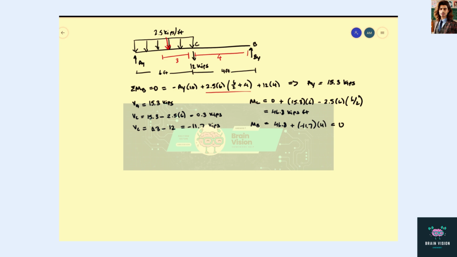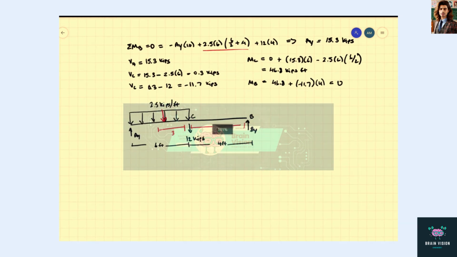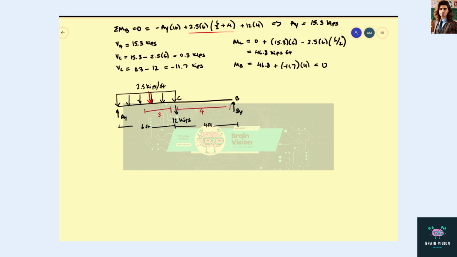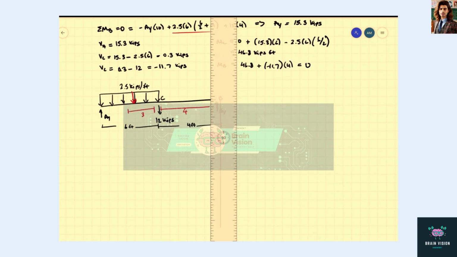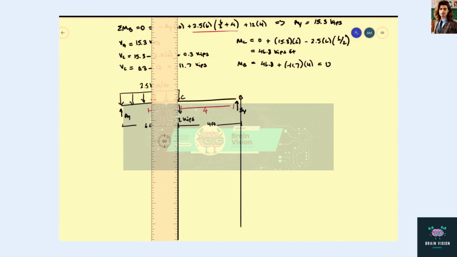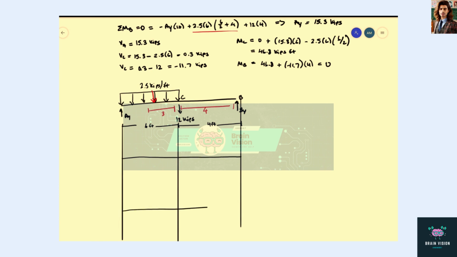So now we can do our shear and bending moment diagram. So I'm just going to copy this and move it here. So this is shear force, this is going to be moment.